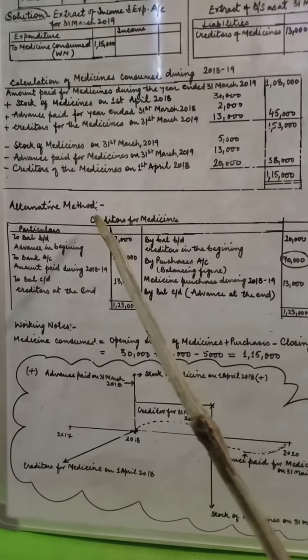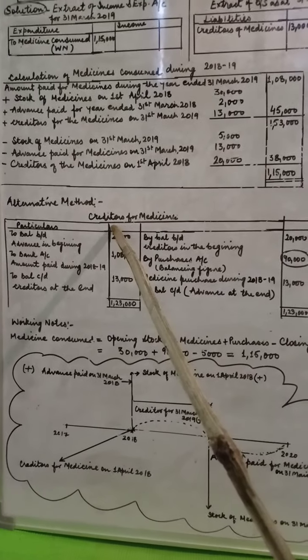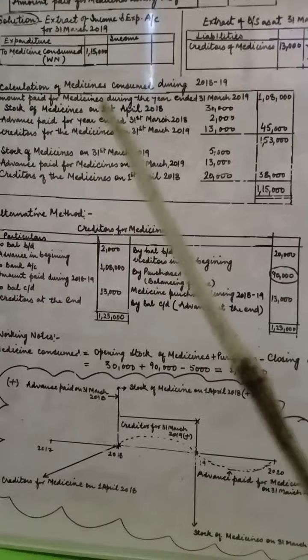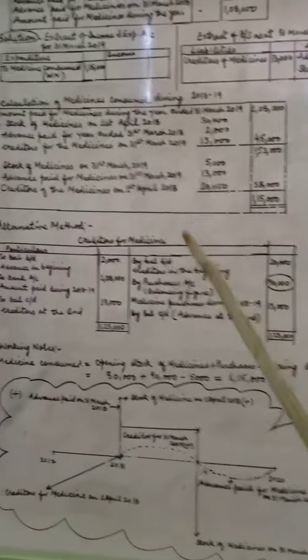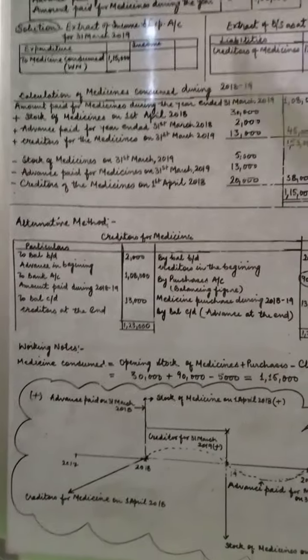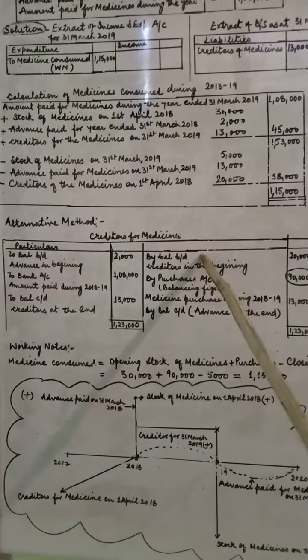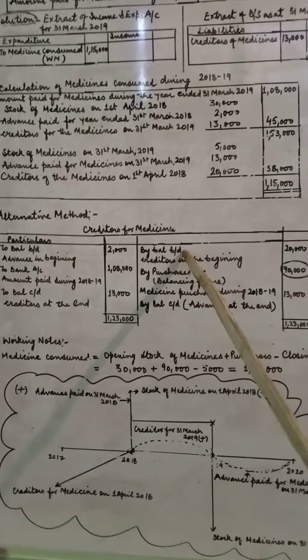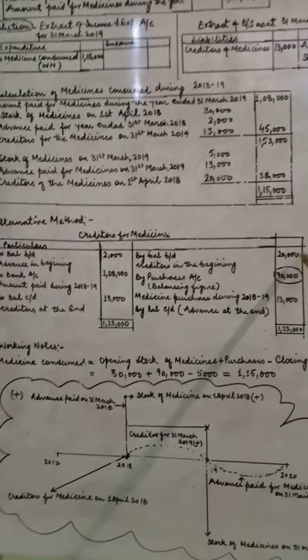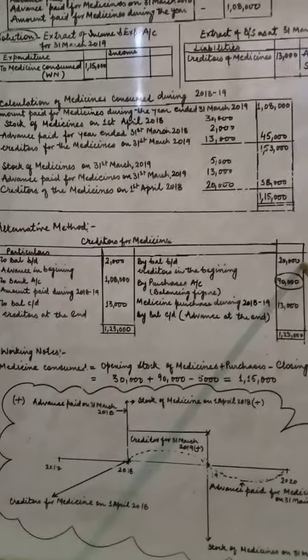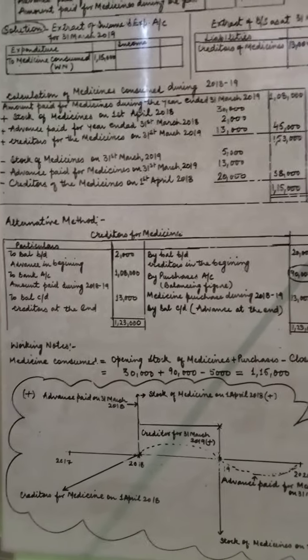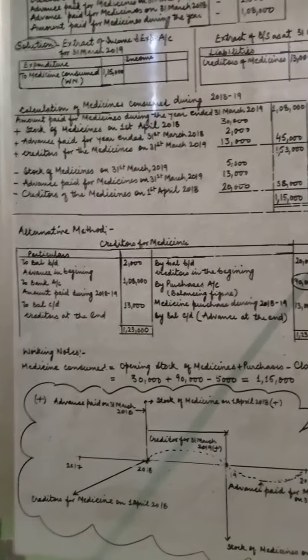Now how can we make the creditors for the medicine account? As you all know, it is an account related to creditors. So you have to just line up all your activities here. First of all, because it is a creditor, the balance BD on the credit side will go. It means the BD balance will go to the credit side because this is a creditor's account.